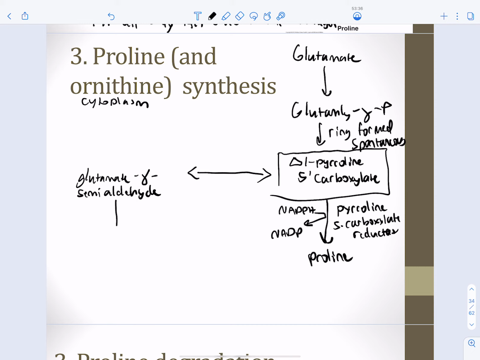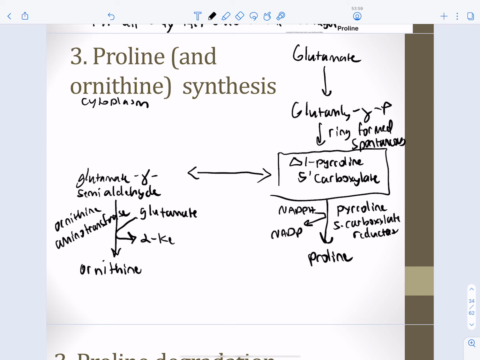Okay, and then this is going to lead to ornithine. It's aminotransferase, and it's a transamination reaction. Glutamate to our alpha keto again, and we form ornithine.